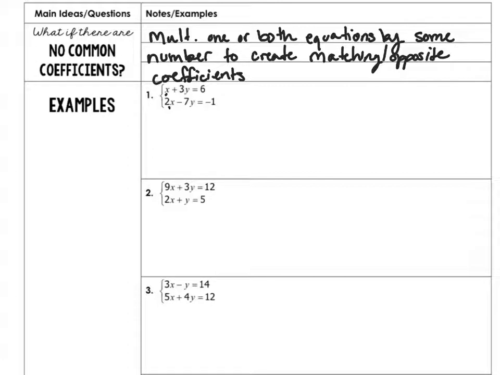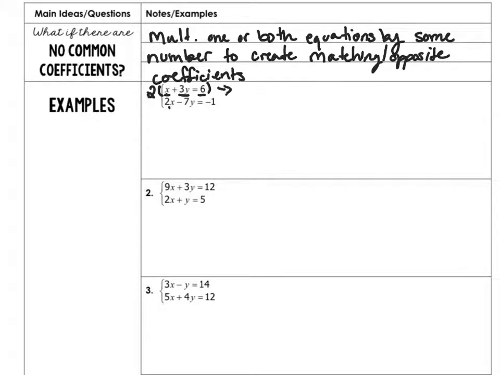If we did the y's, then we'd have to multiply both, because we can't multiply 3 by something and get 7. So we want to multiply this first equation by something to get 2x. What times x gives us 2x? 2 times x. So we multiply 2 to every single term in this first equation.